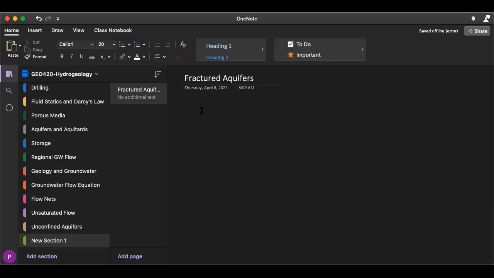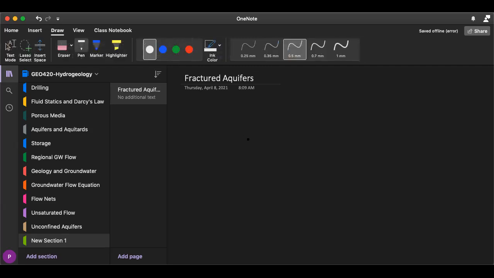So let's start off with some vocabulary and some nomenclature. I'm going to attempt to draw here two sets of parallel fractures. So we've got a block here.